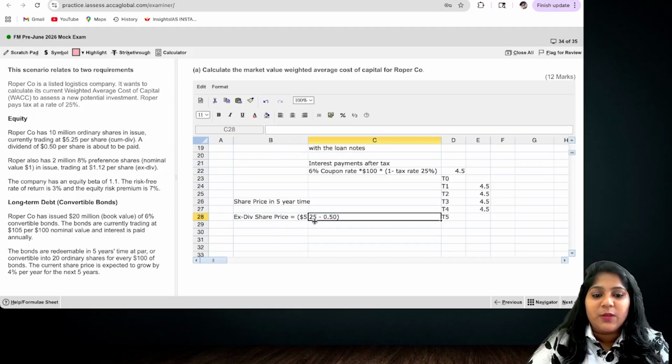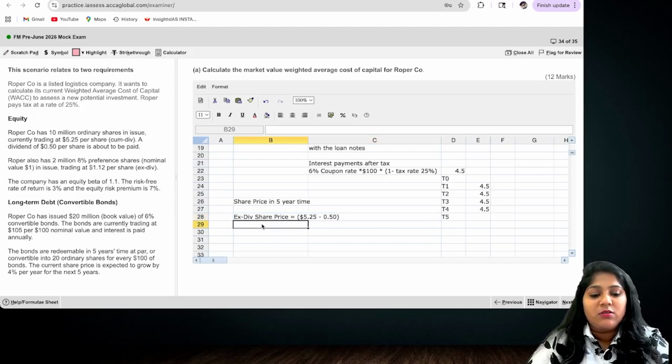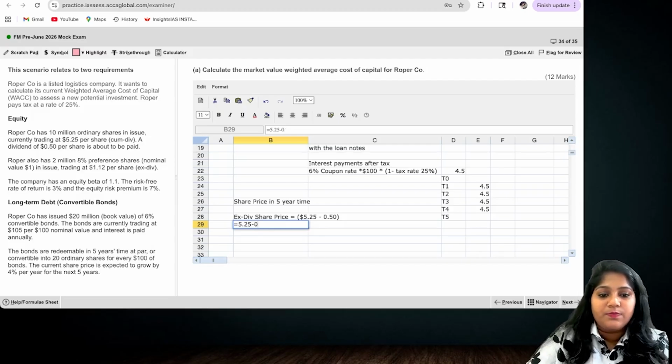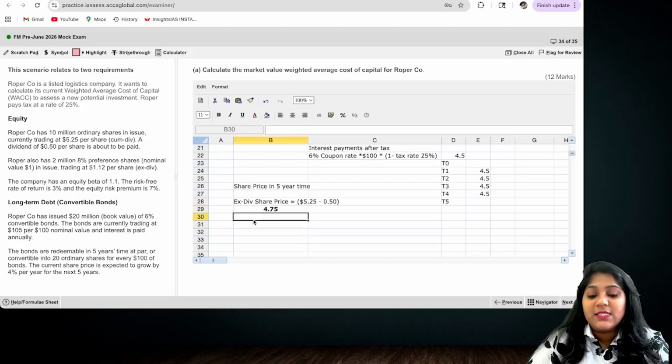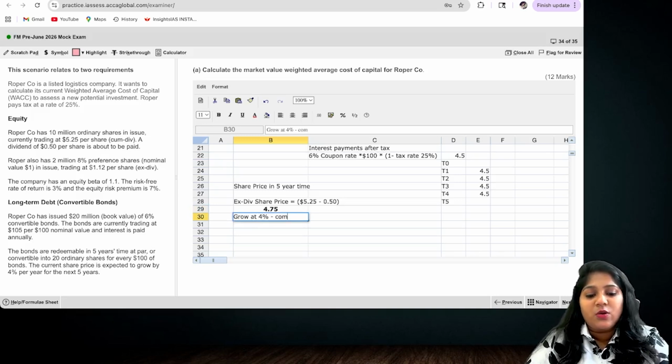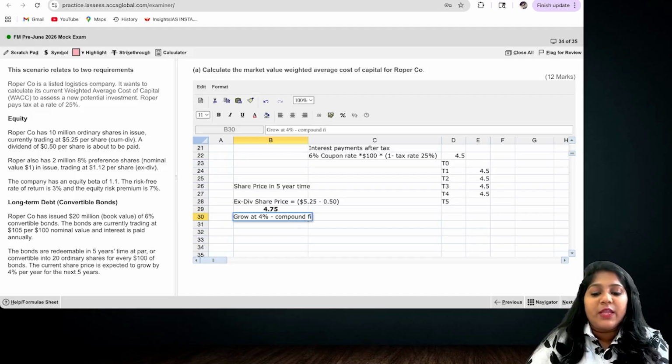What is the ex dividend share price, guys? It shall be 5.25 minus 0.5, that is 4.75. Fair enough? This is expected to grow at 4%, so go ahead and compound it to find the 5th year share price.